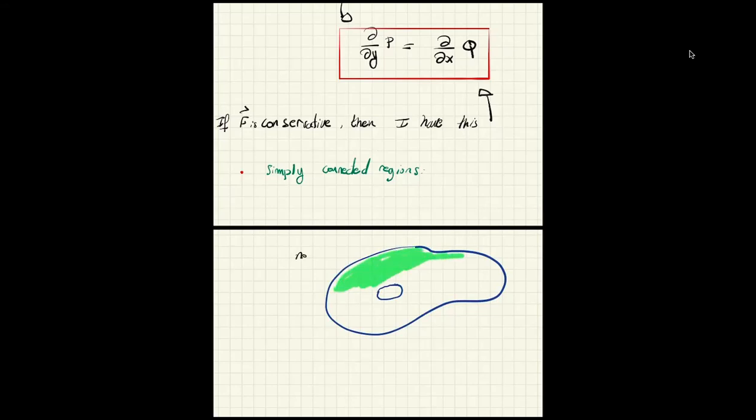Now, there's a very technical definition of simply connected, but I don't want to give you this here. It has to do with loops and the fundamental group, homotopy, where you have to deform the loops continuously. But we'll just stick with this.